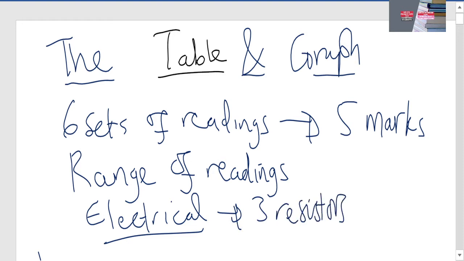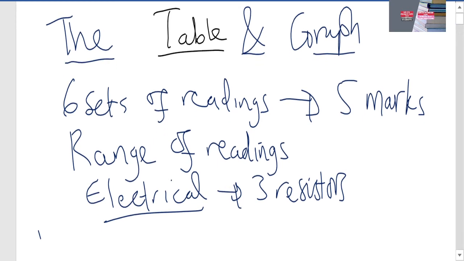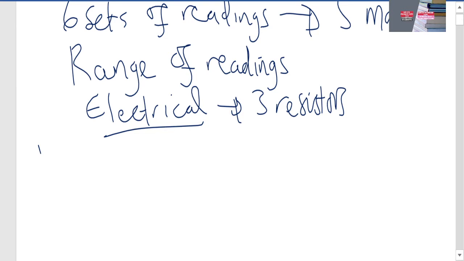With those 3 resistors, try and come up with as many combinations as you can. So you could have three in series. That would be the maximum. So try and establish the maximum that you can get.